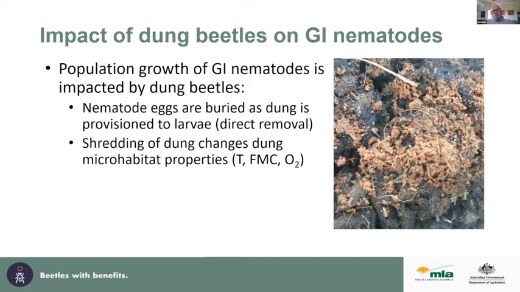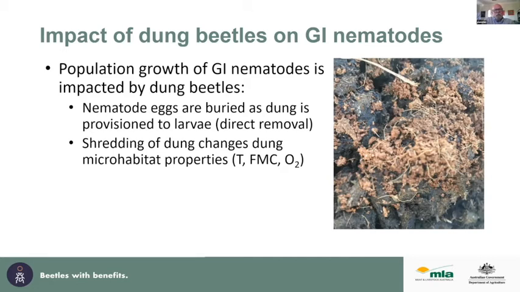Whether or not nematode larvae can subsequently reemerge and reinfect at a later date is a topic for another study, but that's something that we can't totally discount. Although I think in most conditions, at least in the more arid conditions of Australia, that avenue of reinfection is pretty minimal.